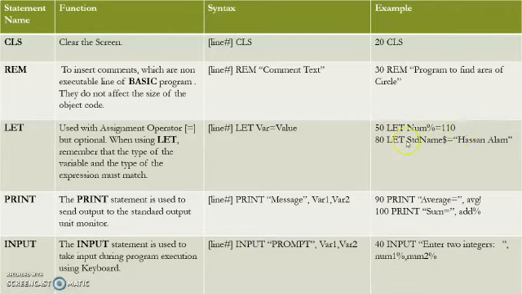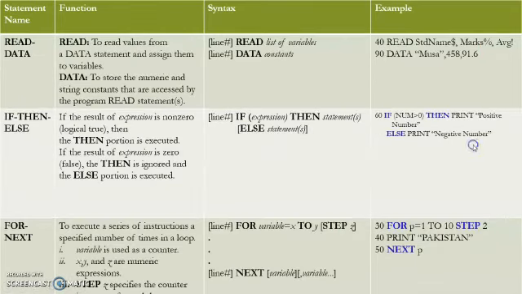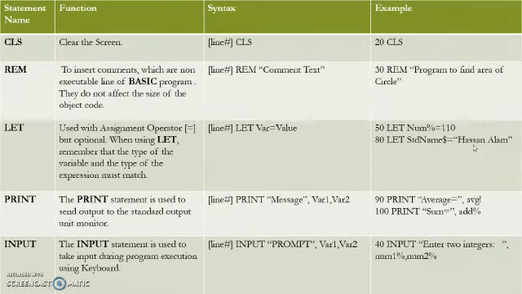And in line number 30 we use the LET statement, where we have assigned the string value Hassan Alam as a student name to the variable std name. The dollar sign shows that this is a string variable, and this variable is assigned the value Hassan Alam with the assignment operator.